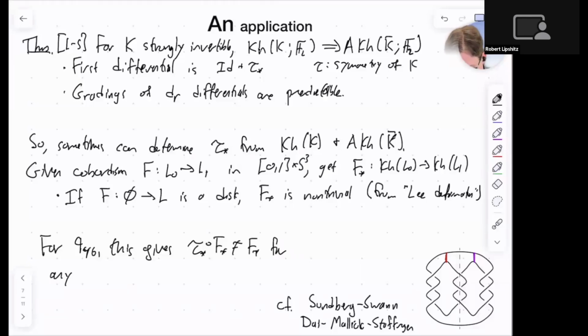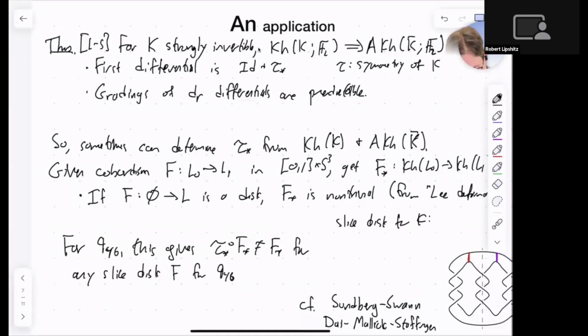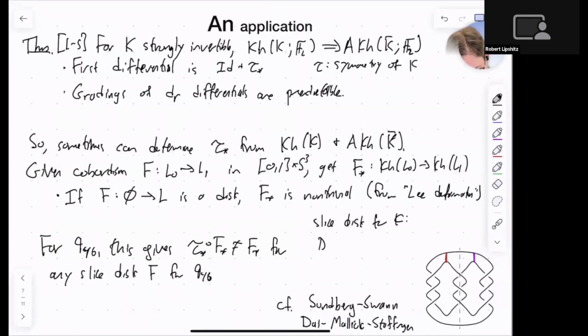So I should say something about these slice disks. Any slice disk F for 9_46. First, maybe I should even tell you what a slice disk is. So a slice disk for K is just a disk inside B4 with boundary of D equals K inside S3.